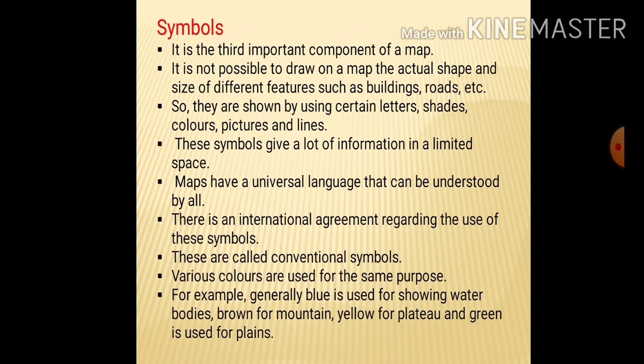The third important component of a map is the symbol. Different types of symbols are used in the map, and with the help of those symbols we can read the map easily.